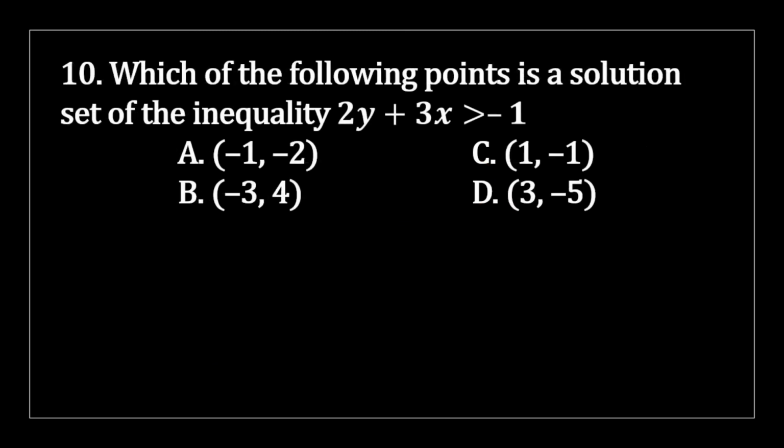Number 10. Which of the following points is a solution of the inequality 2y plus 3x greater than negative 1? To answer this, let's just substitute the values here. So 2 multiplied by negative 2 plus 3 multiplied by negative 1 greater than negative 1. 2 times negative 2 is negative 4, minus 3, greater than negative 1.